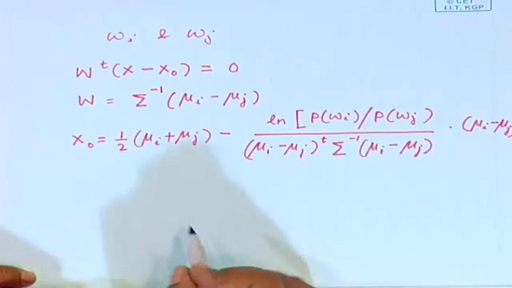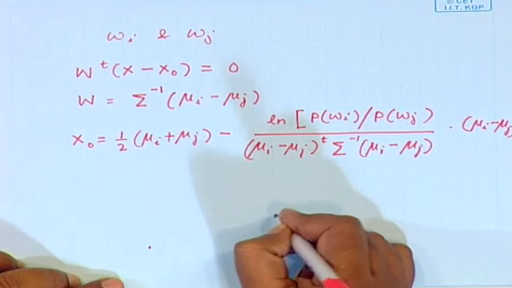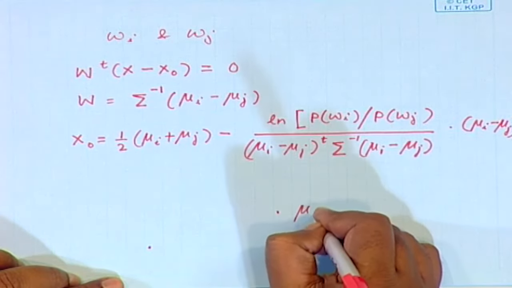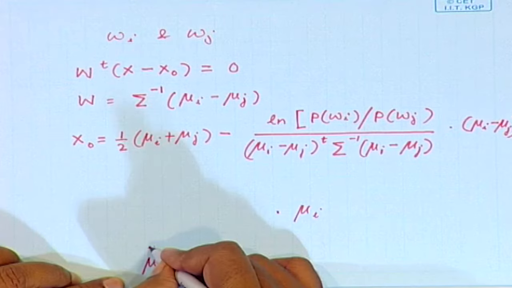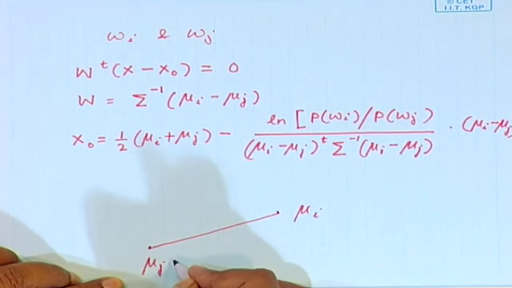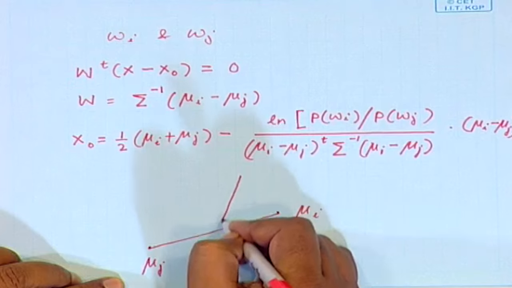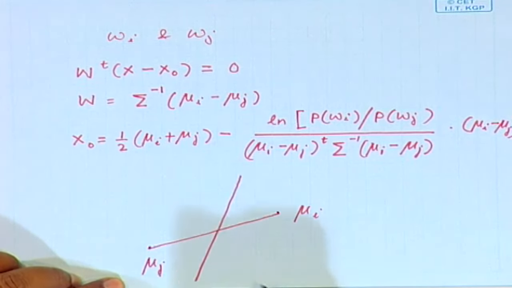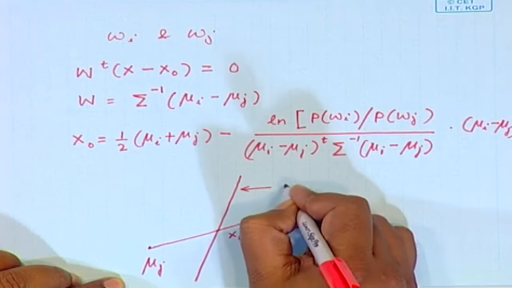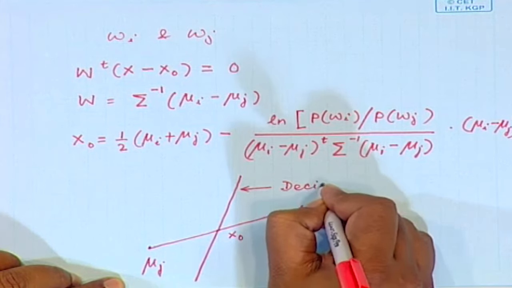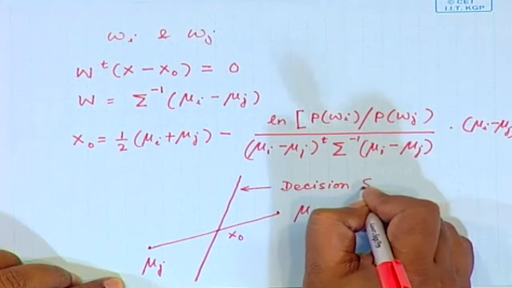Okay. So, effectively the kind of situation that we will have is, if I have these two means mu I and mu j, this is the line joining mu I and mu j, and the decision surface will be something like this. This is point x naught and this is your decision surface.